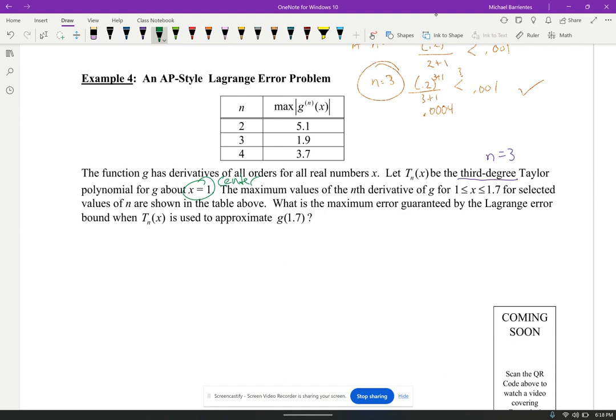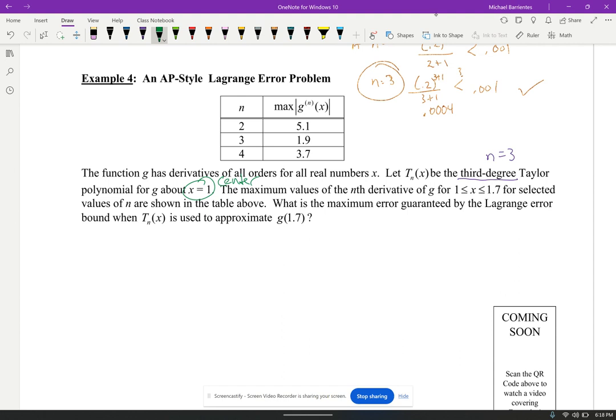If I'm taking the third derivative, then I know that the maximum value for the third derivative of g at any x value between 1 and 1.7 is 1.9, and then the same thing with the last line.